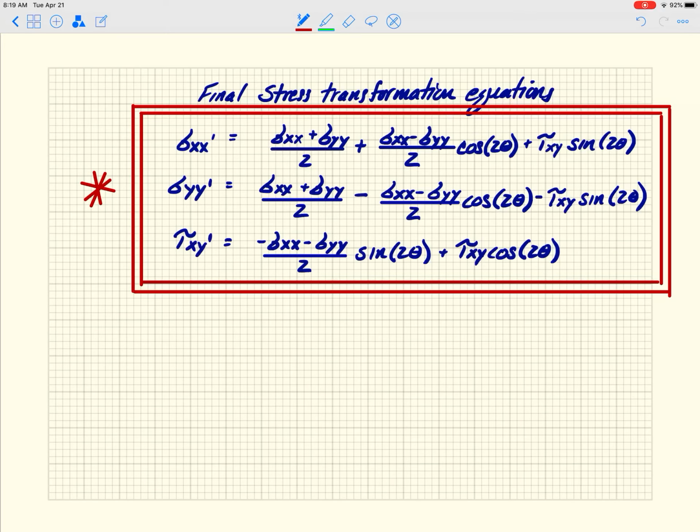Now, as long as you have a calculator, you can plug in and use these expressions. The only thing that might jump out at you as a little strange is all of these two thetas within those trigonometric functions.